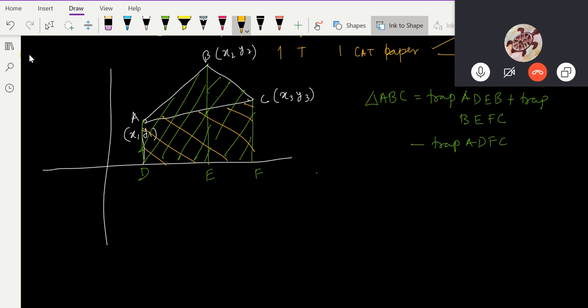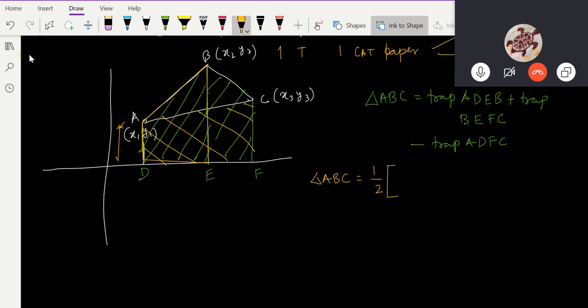So triangle ABC is the area of the trapezia, all are half, so I can take half common. ADEB means the parallel sides are AD and BE. So what is AD?